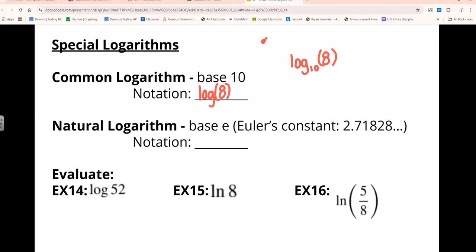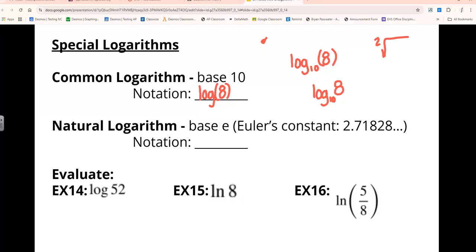You don't put a base at all. So if you see just the word log with no base, the base is a 10. It is kind of like whenever we do a square root, we don't put a number out here, right? If we did put a number, what would it be? A 2, right? It's the most common root that we deal with, so we don't bother with that 2. So log of 8 is really log base 10 of 8. It's got an invisible 10 there.